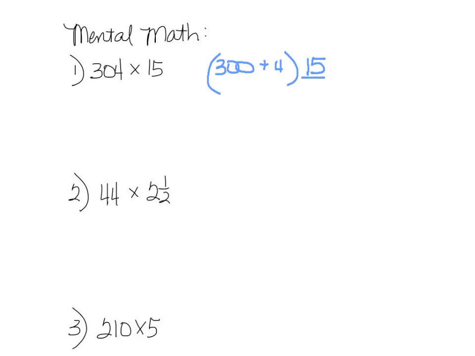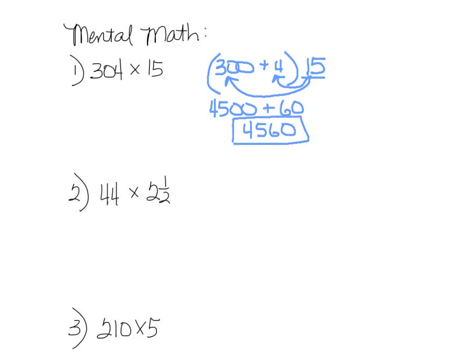Now here I will distribute. 15 times 300 is 4,500. And 15 times 4 is 60. And I can add that very easily using mental math.